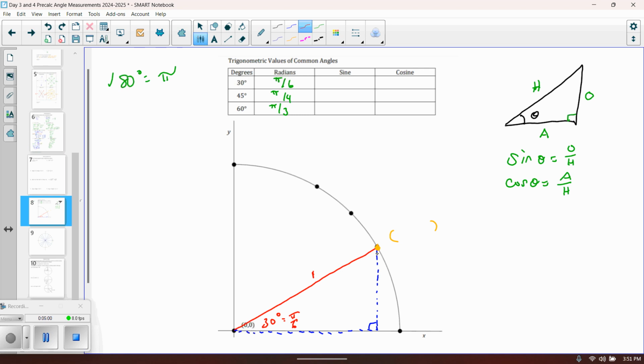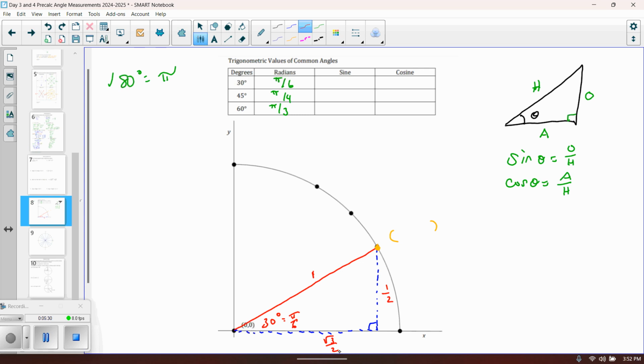Again, if you remember your special right triangle stuff, which I'm not going to go into in this video specifically, that would make this shorter side, the opposite side of the 30 degrees, 1/2, because it is 1/2 of the hypotenuse. And then that makes this bottom piece the square root of 3 over 2, because you take the short side and multiply it by the square root of 3. So that makes figuring out these ordered pairs relatively easy.